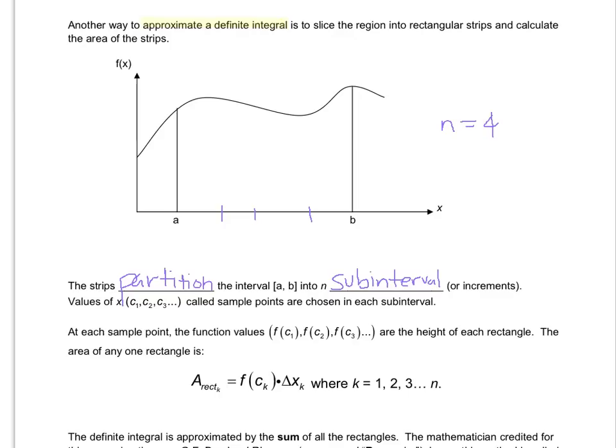All right, we're going to choose values of x at sample points within each sub-interval. And just like the sub-intervals could be of varying width, your x location can be at varying places within the sub-interval. So let's say I pick this little guy, and he's going to be my first location.